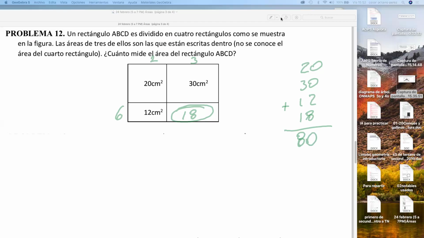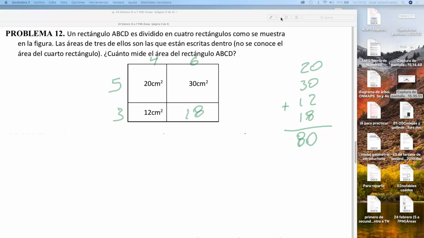But if we factor here a 5, we will have here 4. Here we will have 6, and here we will have 3. And 3 also will be 18.